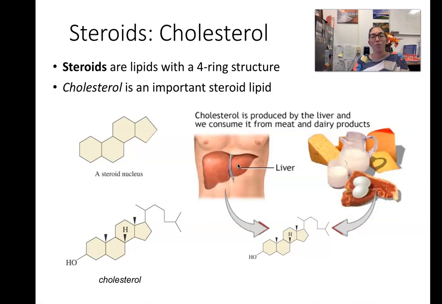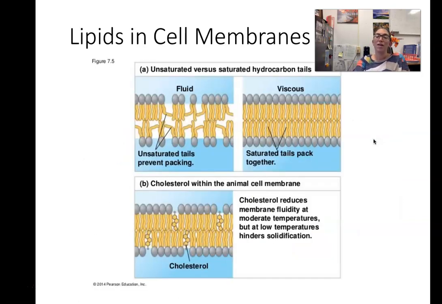So the average person doesn't actually have to worry about their cholesterol consumption because their body will regulate, but some people's liver just keeps producing cholesterol even if they're eating a lot, and then they end up with very high levels of blood cholesterol. Those are the people who usually need to watch their cholesterol levels.